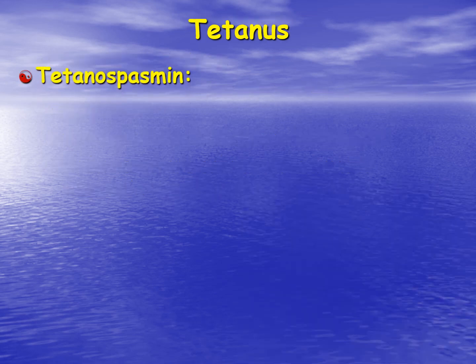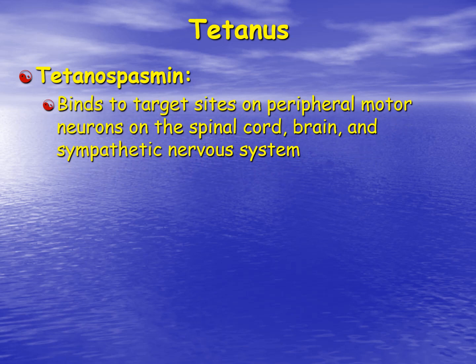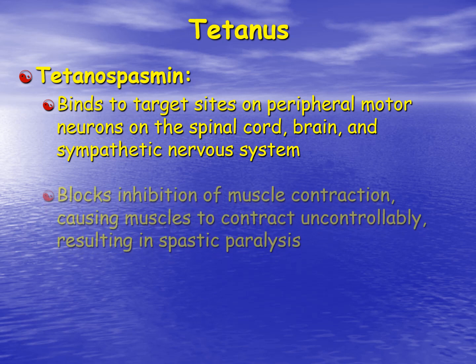Tetanus actually causes tetanospasmin, which is a toxin that binds to target sites on peripheral motor neurons on the spinal cord, brain, and sympathetic nervous system, causing sustained contraction within the skeletal muscle.